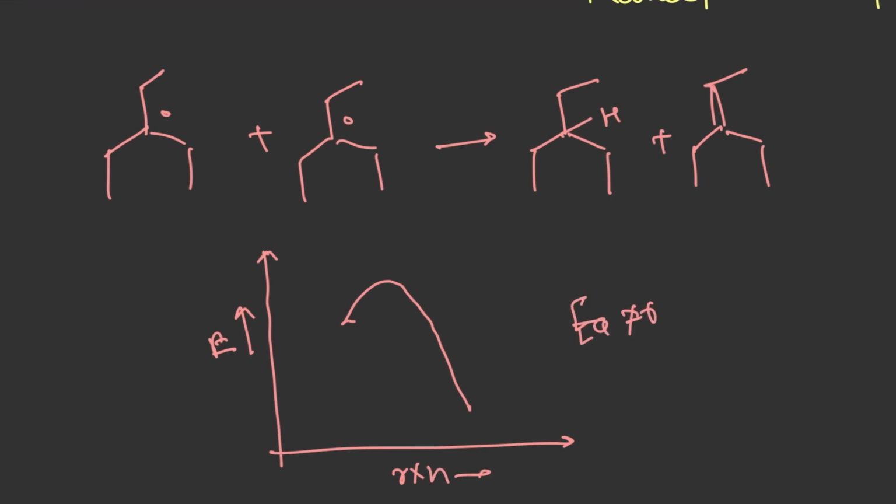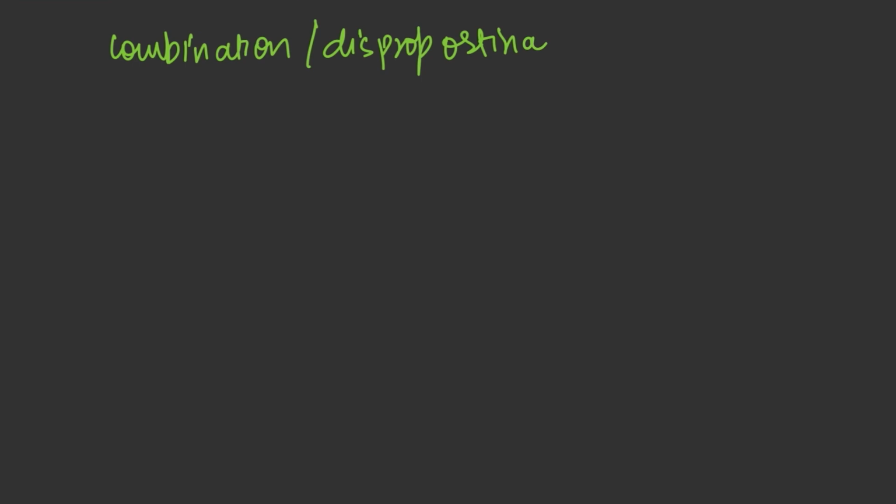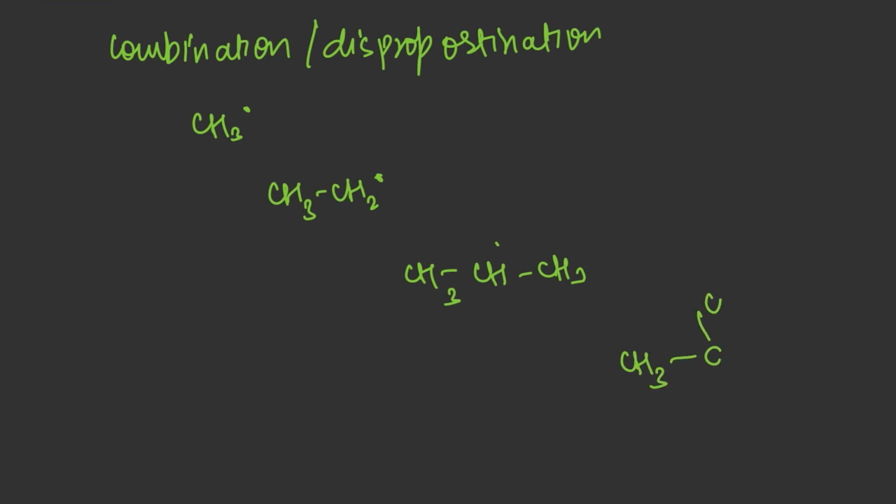Now, when does a free radical combine and when does a free radical disproportionate? Let's look. Combination or disproportionation. When we have methyl free radical, CH3 CH2 free radical, a CH3 free radical with two CH3, and a CH3 free radical with three CH3.